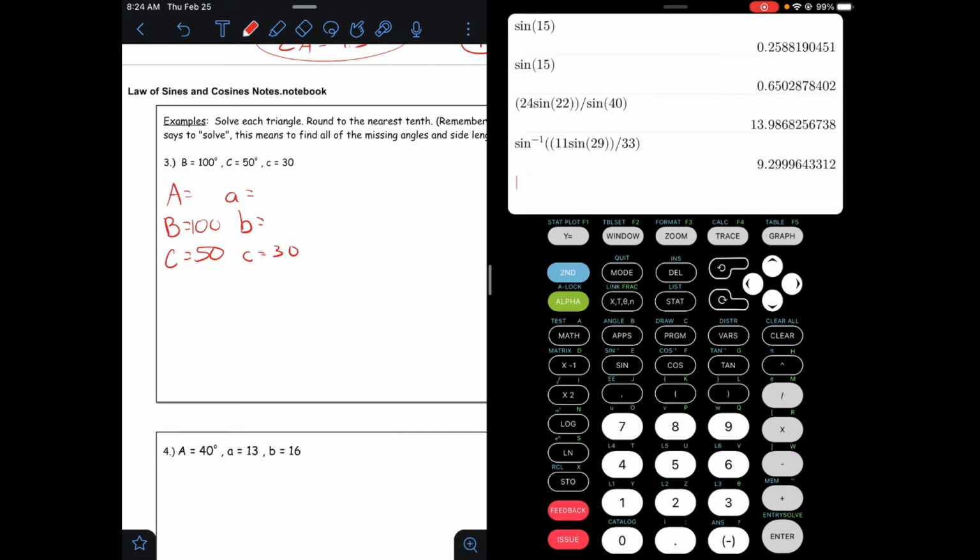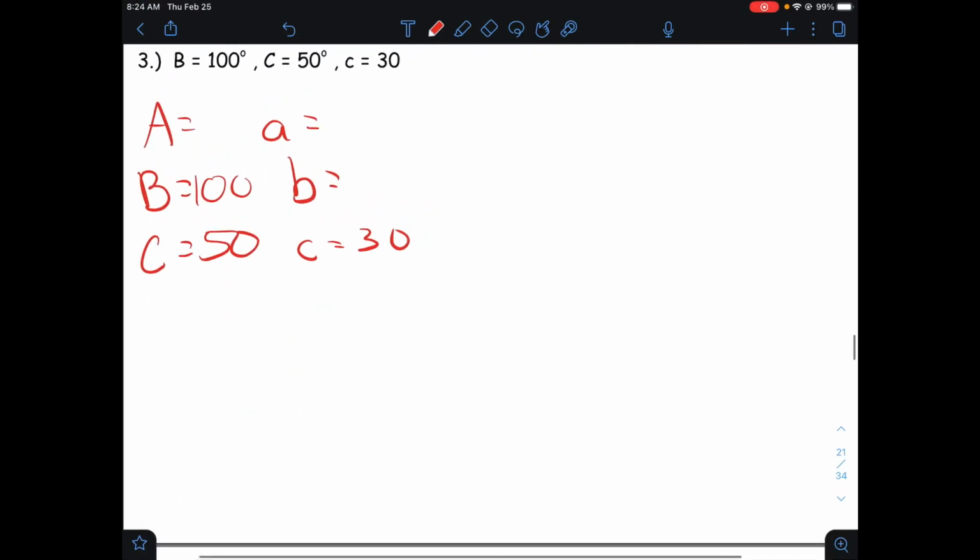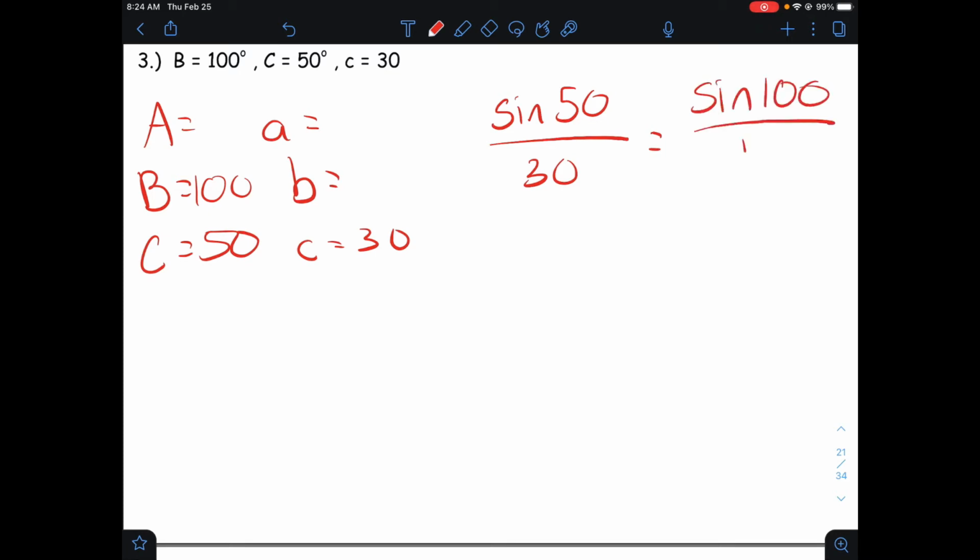So I say first, let's go ahead and solve for side B. So, like I said before, you have to make sure that you have at least one of your letters completely accounted for, and that's going to be C, right? We have the angle for C and we have the side for C, so we're going to want to use that. So we'll go sine of 50 all over 30 equals, and then we've got sine of 100, and we're looking for side B.